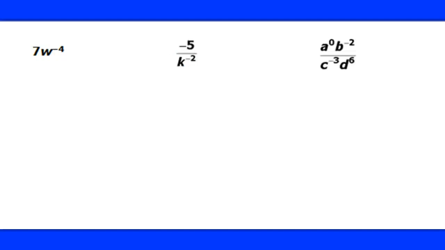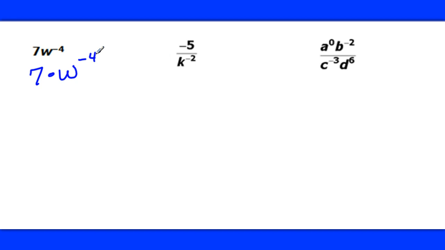Okay? So here's some examples. Now, with this first one, again, you probably want to pause and try to do these yourself first and then check with what I'm doing. But with this first one, this is 7 times w to the negative 4th. It's kind of like having the negative sign out front there. That 7 is not attached directly to the w.